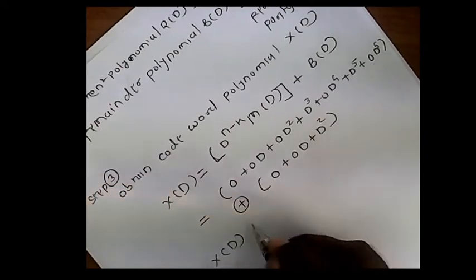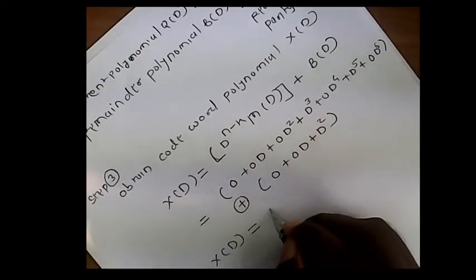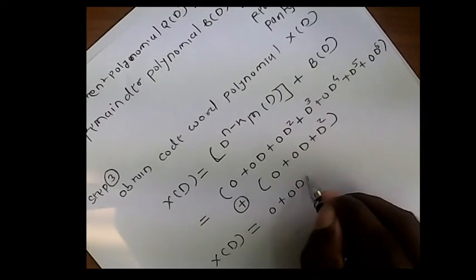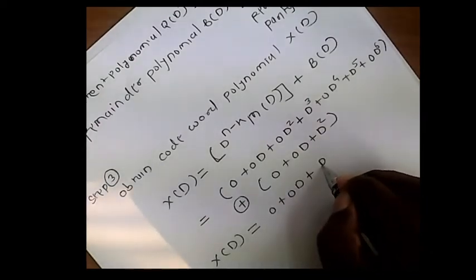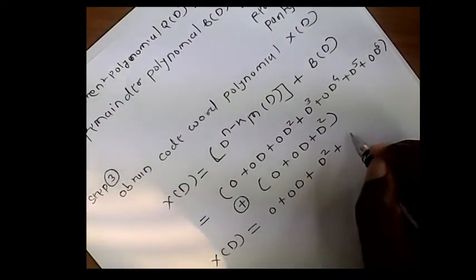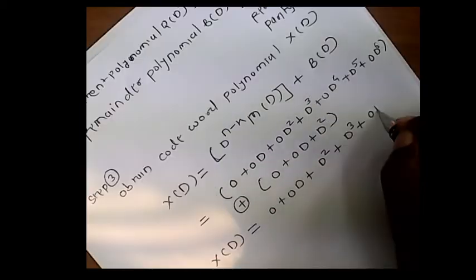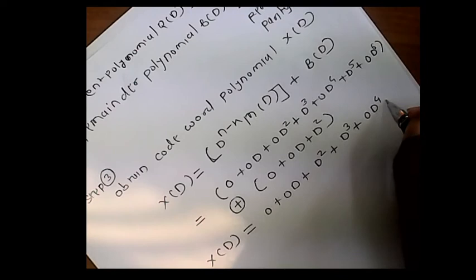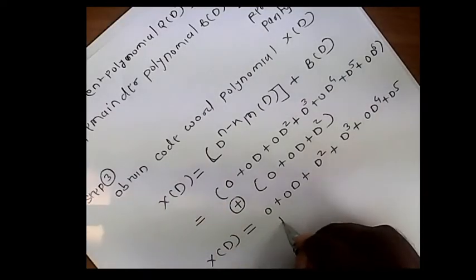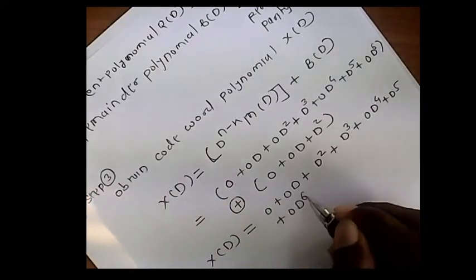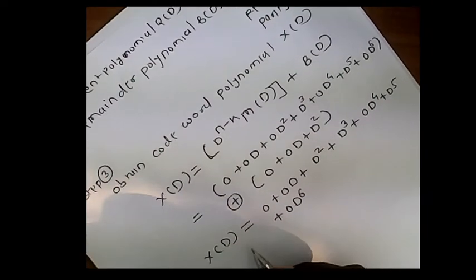We get the code word polynomial: 0 d raised to power 2, d raised to power 3, then 0 d raised to power 4, d raised to power 5 plus 0 into d raised to power 6. So we can write this code word polynomial in systematic format, that is in binary format.